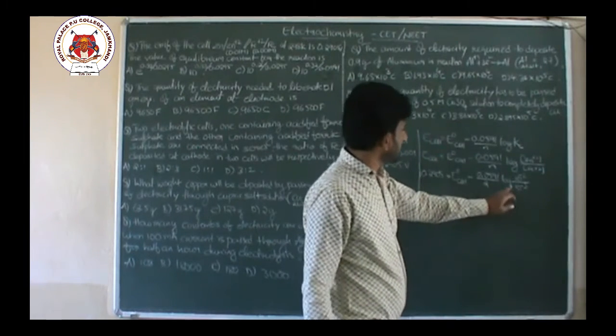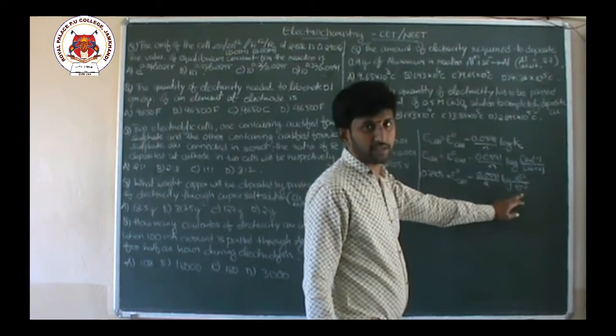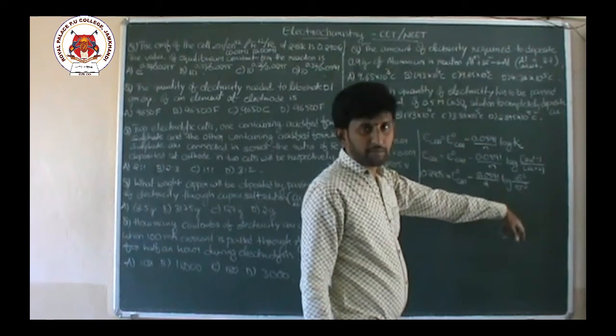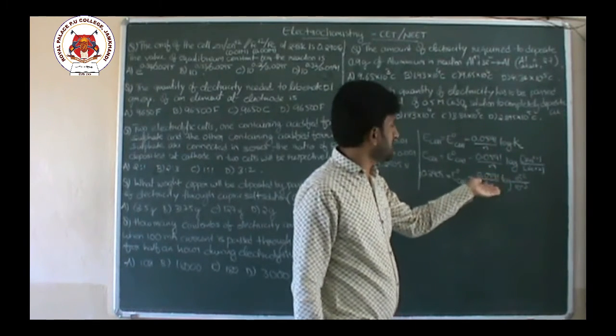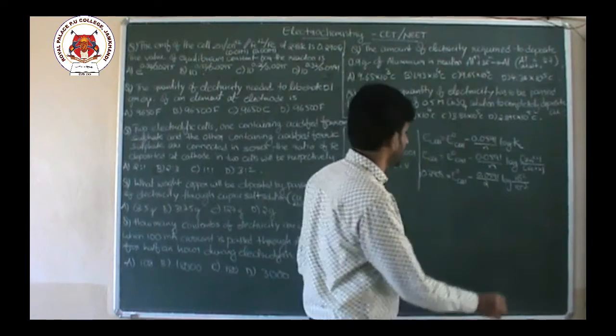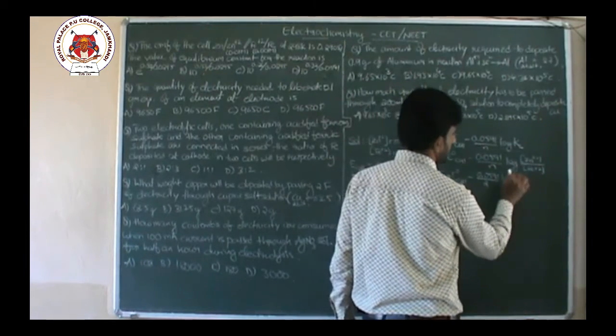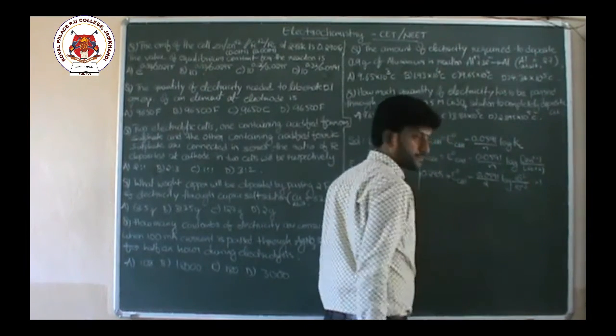That means it is log of 1 by 10 power minus 1, which is 10 in the numerator. Log 10 base 10 is 1, so this total term is equal to 1.